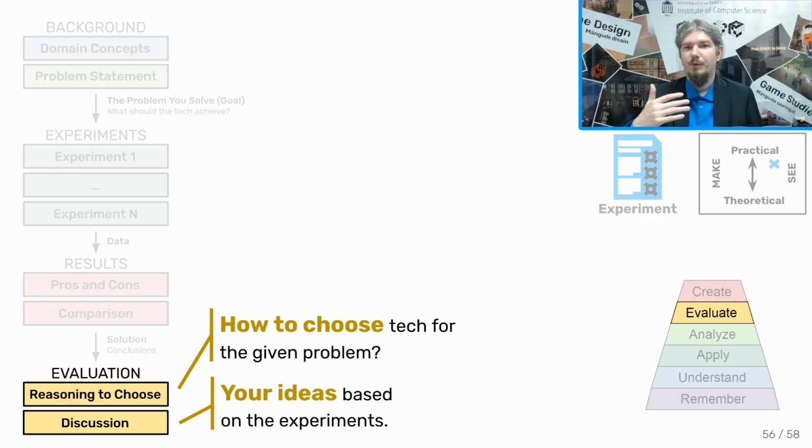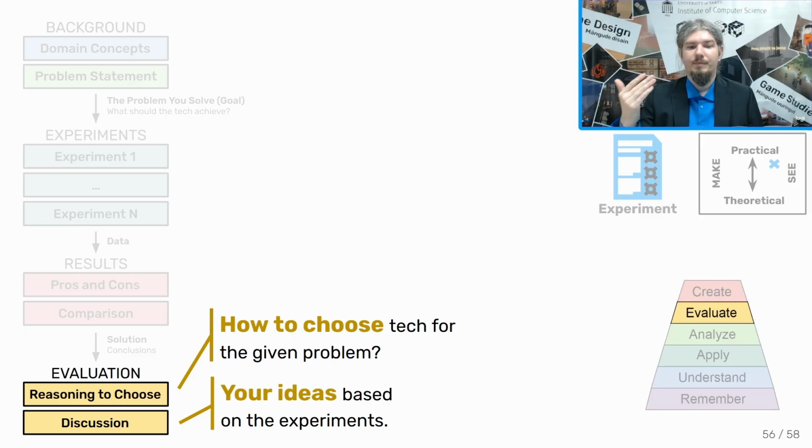For example, if we are trying to find the headset that gives the most enjoyable experience with the least cost, maybe now we have found that the cost really doesn't matter and you can basically buy the cheapest headset on the market. Or maybe we have found that the cheapest headset really isn't that enjoyable and there exists some sort of a sweet spot where the price to enjoyment ratio is the best. So that would be the headset to buy if we're trying to minimize our costs but maximize the enjoyment.